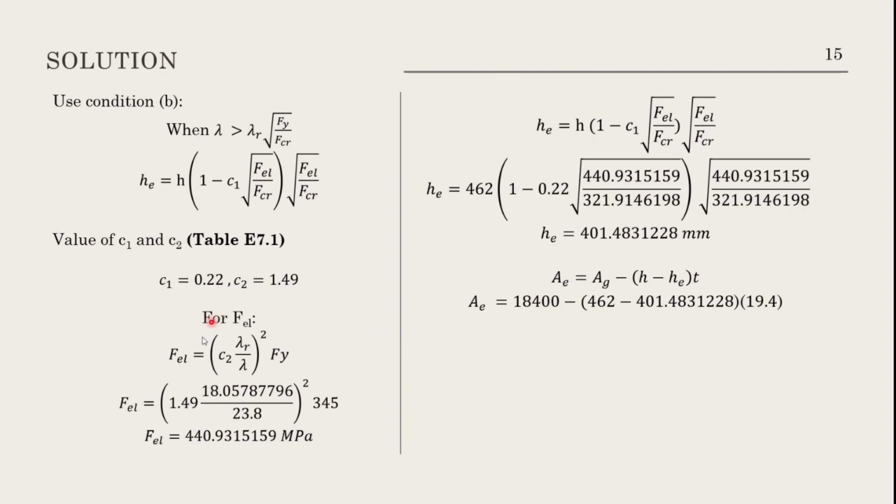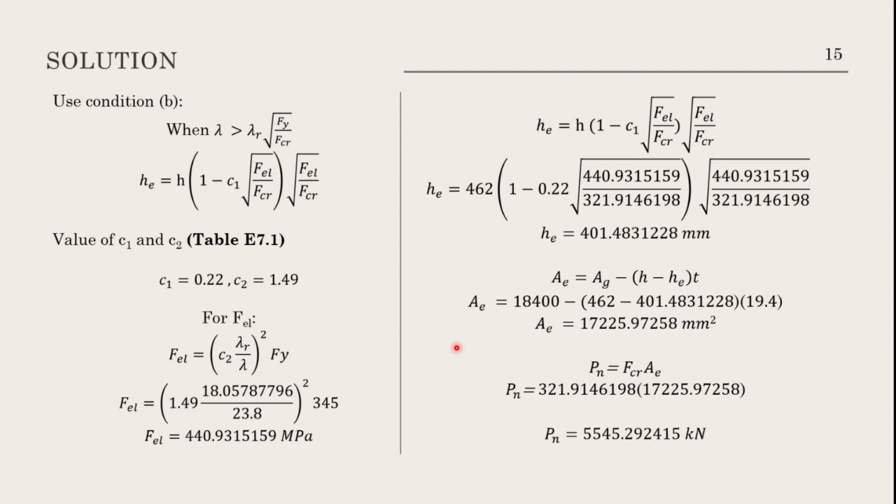We have 17,225.97258. Okay, since we already have AE, we can now multiply this by the computed FCR earlier. So we have 321.91 times 17,225. Therefore, we have 5545 as the nominal strength.